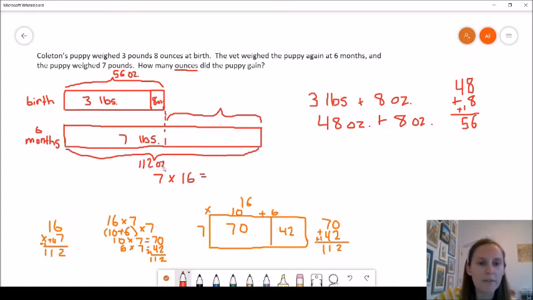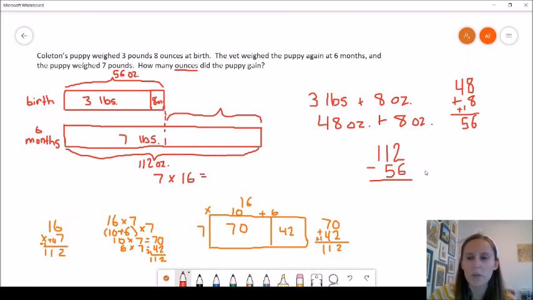So now we have enough information to solve this problem. We know that at birth, the puppy weighed 56 ounces. At 6 months, the puppy weighed 112 ounces, and we're trying to find the difference between these two. So what operation do you think we will need to do in order to find the difference? We're going to need to subtract. So we're going to need to take this 112 ounces and take away the 56 ounces that the puppy weighed at birth to find out how much it gained.